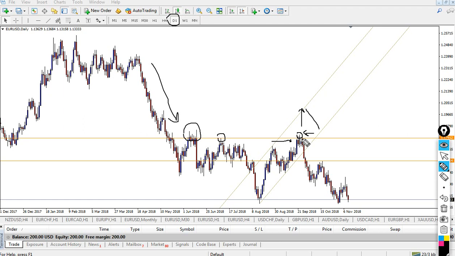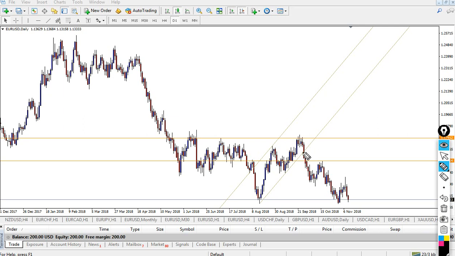After the confirmation of this consolidation, you will notice 1, 2, 3, 4, 5 candles showing you full retracement. If we are talking about the channels, yes, it's a sell, but where is our confirmation?